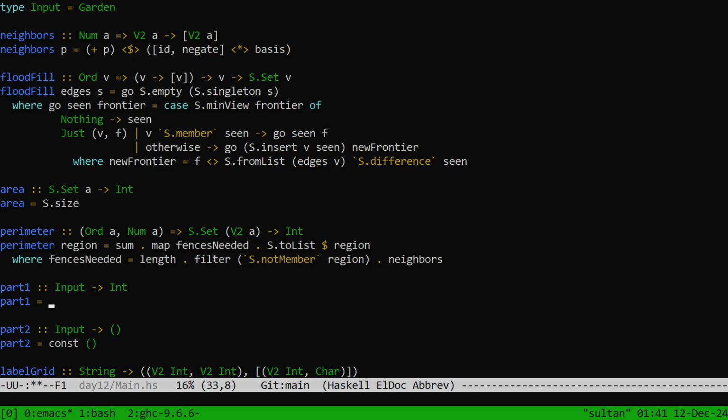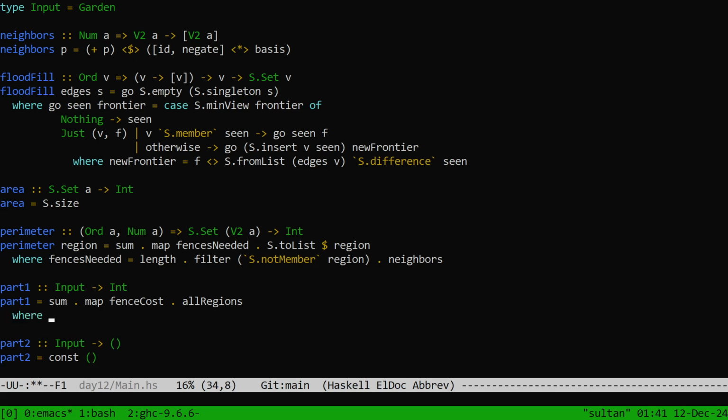Int, part 1 is sum.map fence cost all regions, where fence cost is just lift a2 plus of area and perimeter. So add up the area and the perimeter of the input. And all regions is the interesting part.